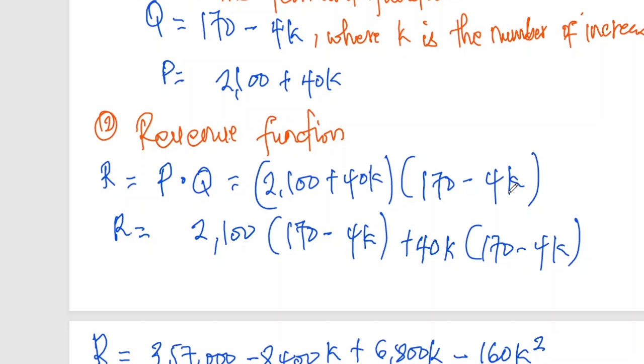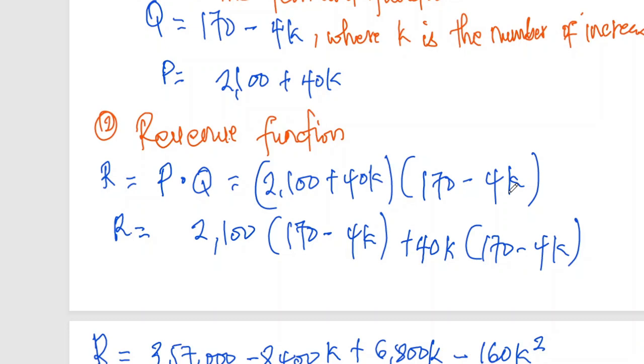And our price is going to be 2,100 plus 40k. So as the price increases, our quantity also reduces by that number of times.